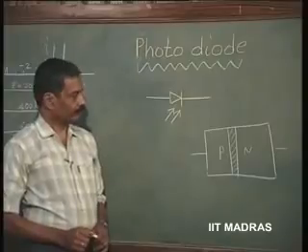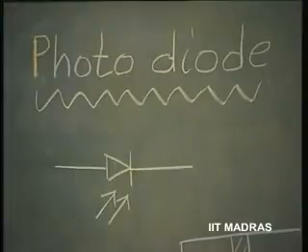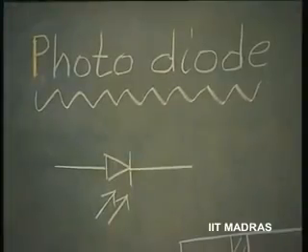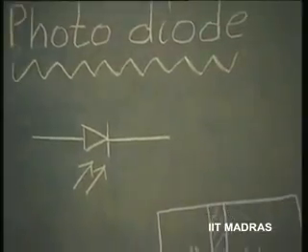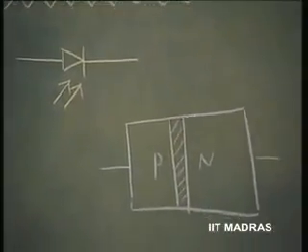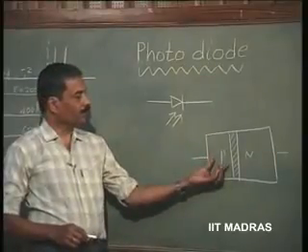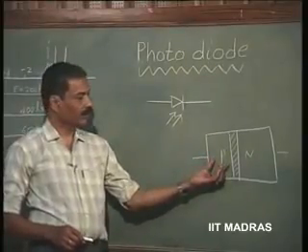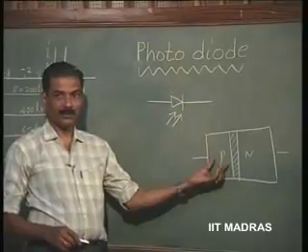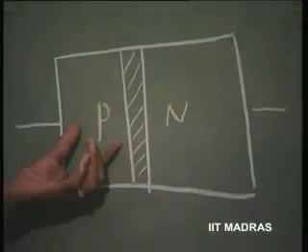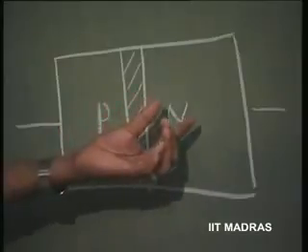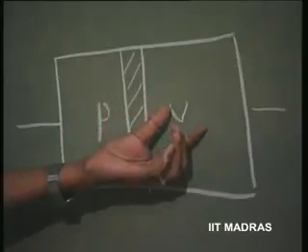What is it? Again we can go back to our PN junction. The PN junction has certain amount of leakage current in it, that is the P material has majority carriers which are holes and minority carriers which are electrons. Here we have majority carriers which are electrons, but minority carriers which are holes.